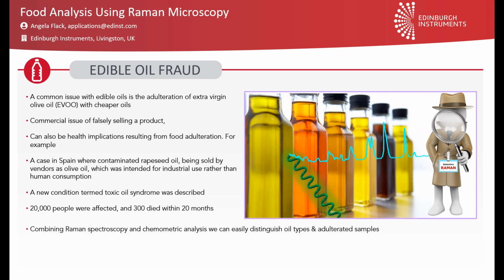This obviously has the commercial issue of falsely selling a product, but it can also carry human risk, such as a case in Spain where oil that was meant for industrial use was being sold by vendors as olive oil, and it actually resulted in 300 deaths. So being able to detect if the oil is legitimate is crucial both for the industry and for safety.